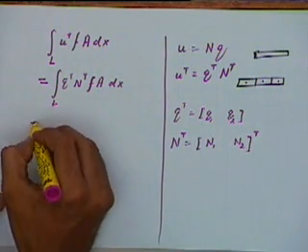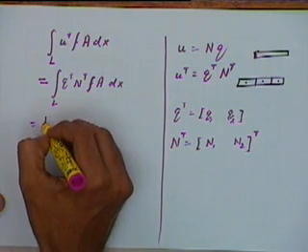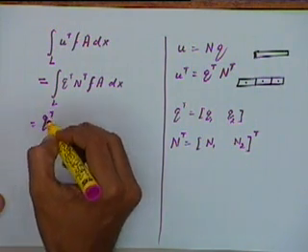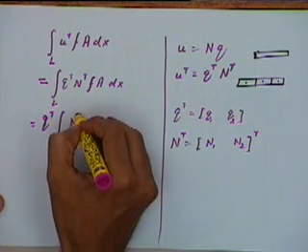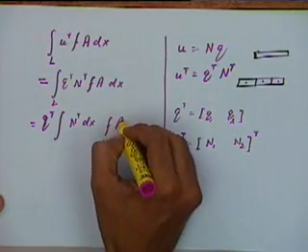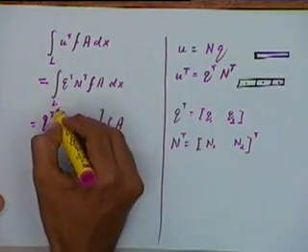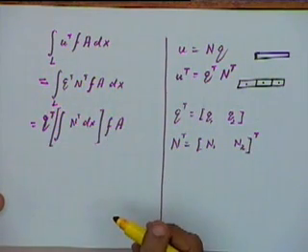Okay, so this will become Q transpose into the integral of N transpose dx multiplied by F into A. F and A are also constants.